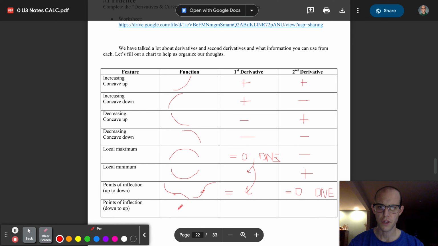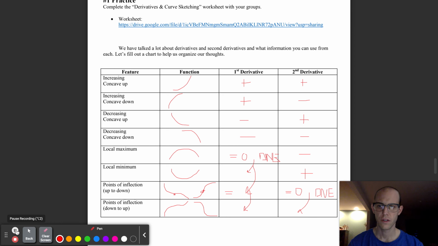If it goes from concave down to concave up, that would be one example. And there would be the other example. Again, when the first derivative is 0 or does not exist, and the second derivative is 0 or does not exist. So now let's flip and try to apply these concepts.